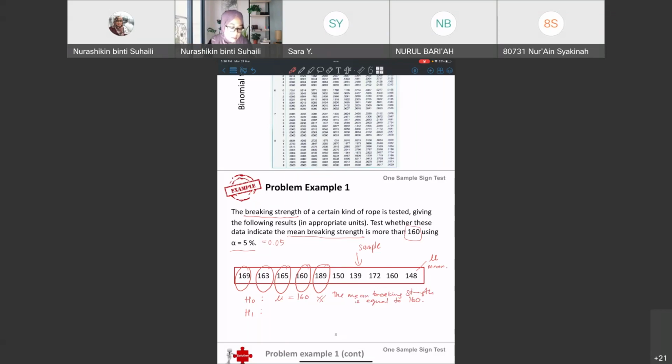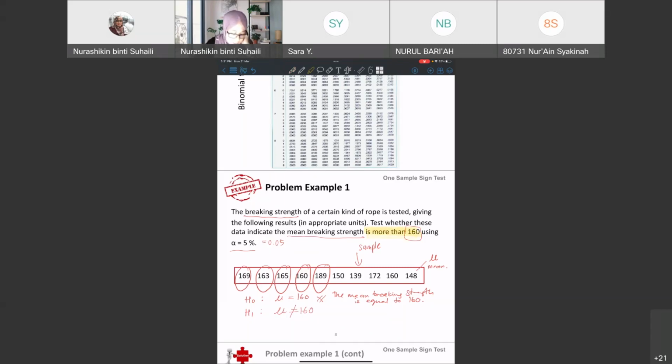Alternative hypothesis. Basically the alternative hypothesis is something that is contrary to the null hypothesis, which means that if you want to put it into equation, it would be not equal to 160. But in this question, you have to read properly. It's mentioned more than 160. You want to test only one-sided.